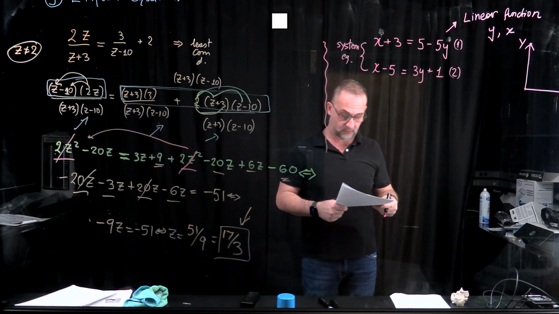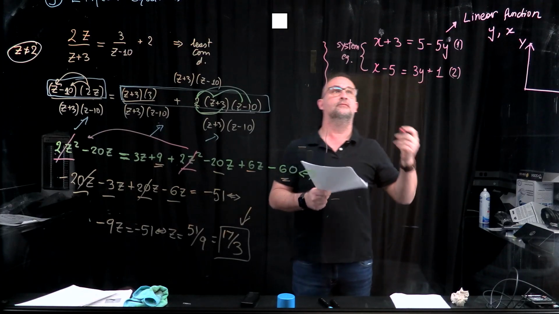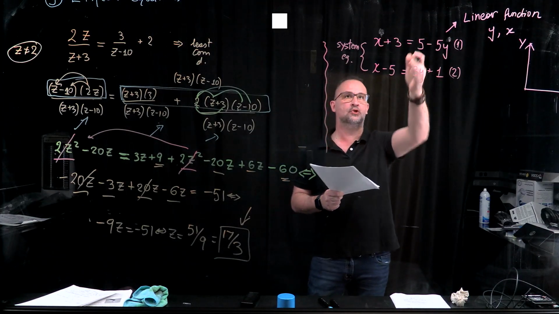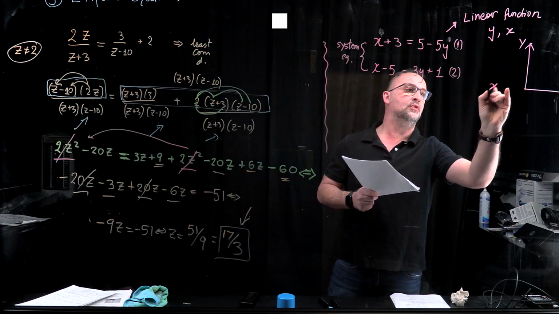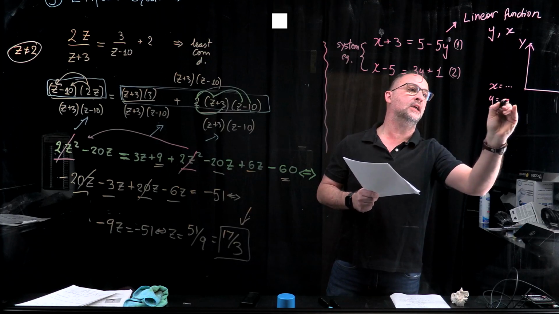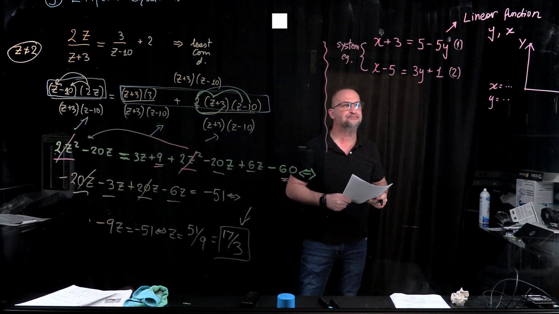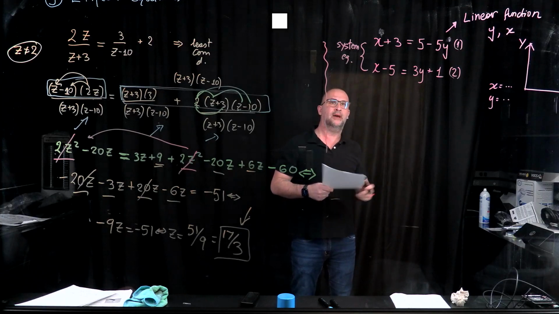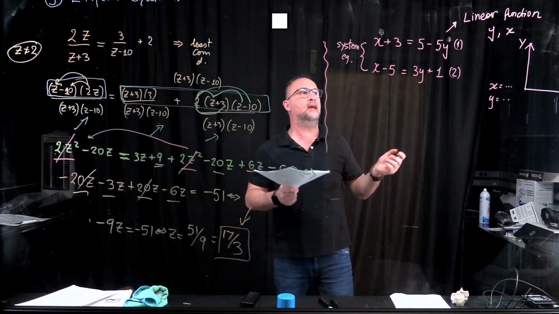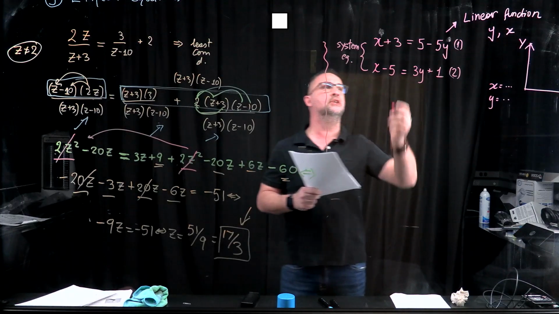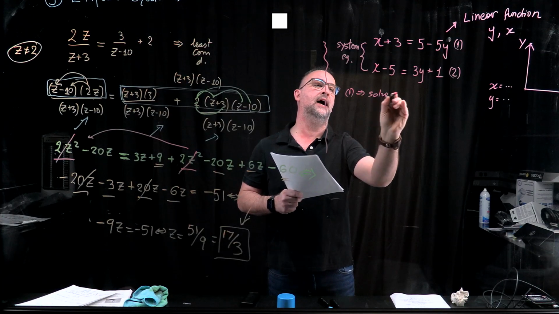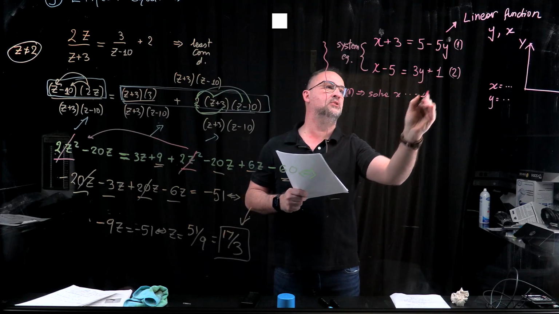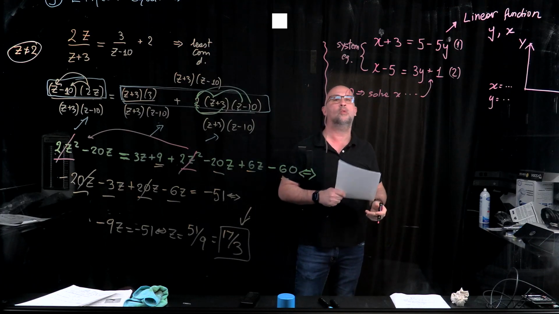And that said, we can choose any path to solve this system of equations. Eventually, our goal is to end up with x equals something, y equals something, right? So how do we go about it? There are different ways. One way that you may be accustomed to is, say you take equation 1 and solve for x, and then you substitute x back in equation 2 and you find y.